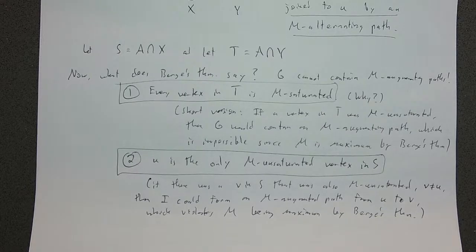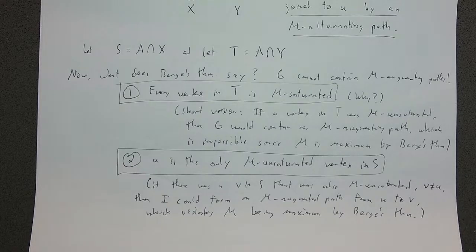Okay. Maybe you see now why we're using the word augmenting, or M augmenting, for this, when we see the relationship between this and the matching being of maximum size. Once you have Burgess' theorem, you see that an M augmenting path would give you a way of including an extra edge at least.